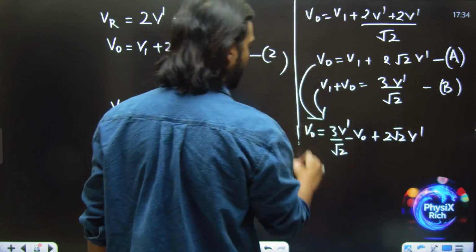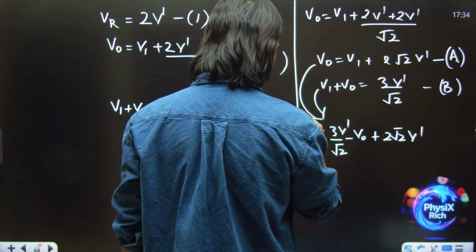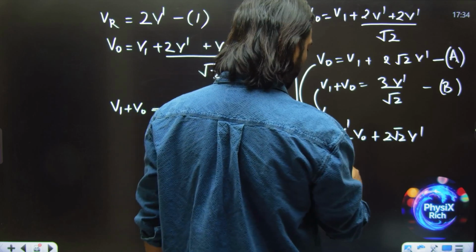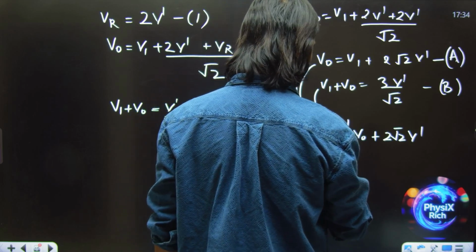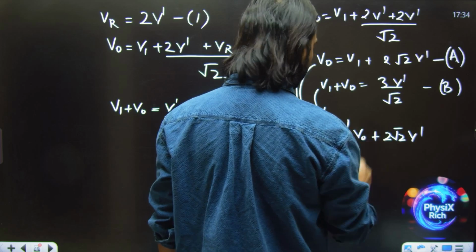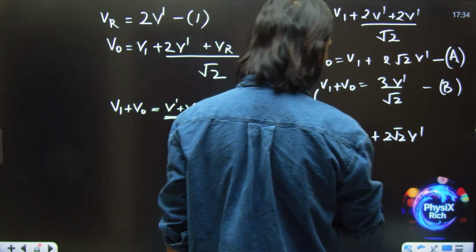Okay, everything seems fine until now. This V0 goes over here, it becomes 2V0. This is 3 by root 2 plus 2 root 2.